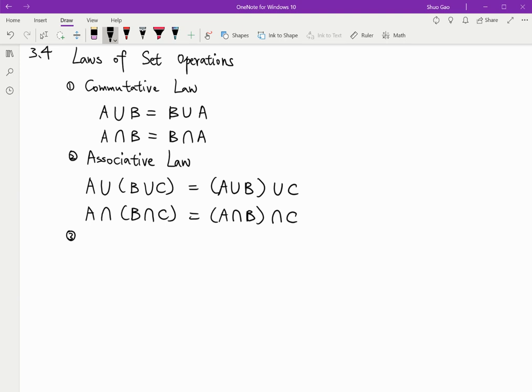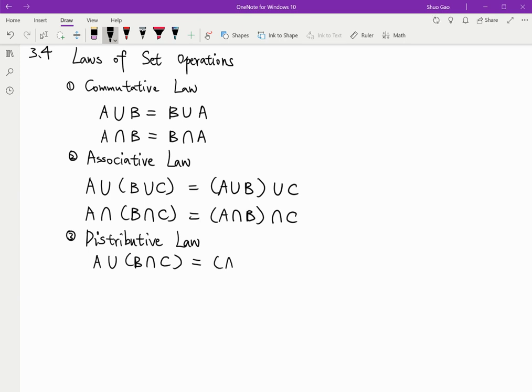And the third one, we call this the distributive law. So this is A union B intersect C. The two operations are different from each other: this is union and this is intersect. So it's different from the associative law.